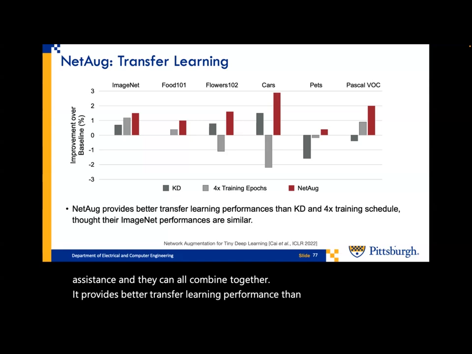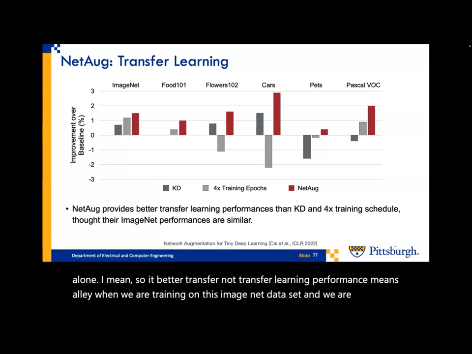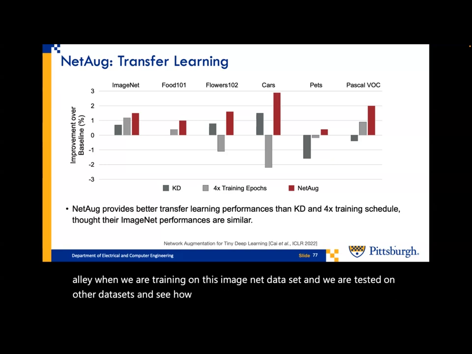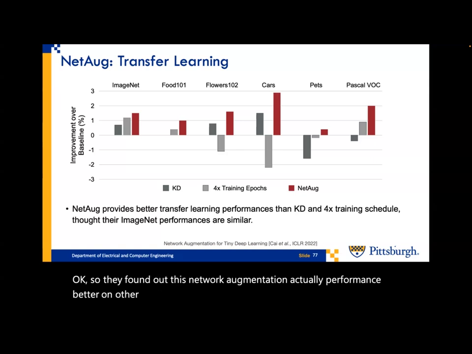Better transfer learning performance means that when we train on the ImageNet data set and test on other data sets, we see how the performance is. They found out this network augmentation actually performs better on other data sets which the network was never trained on.